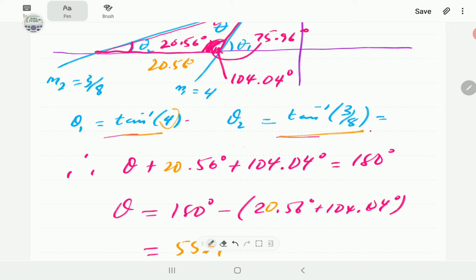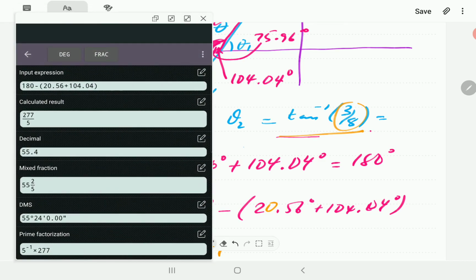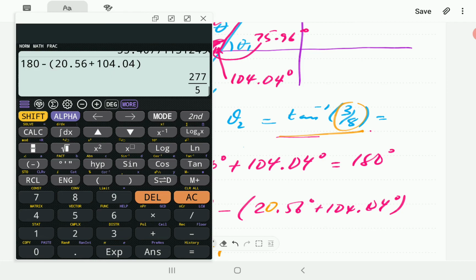This one, since 4 is bigger than 3/8, is going to be bigger. So if you just do the difference of those two, it gives you the intersection angle. We will talk about how to see that in general when we round this up.